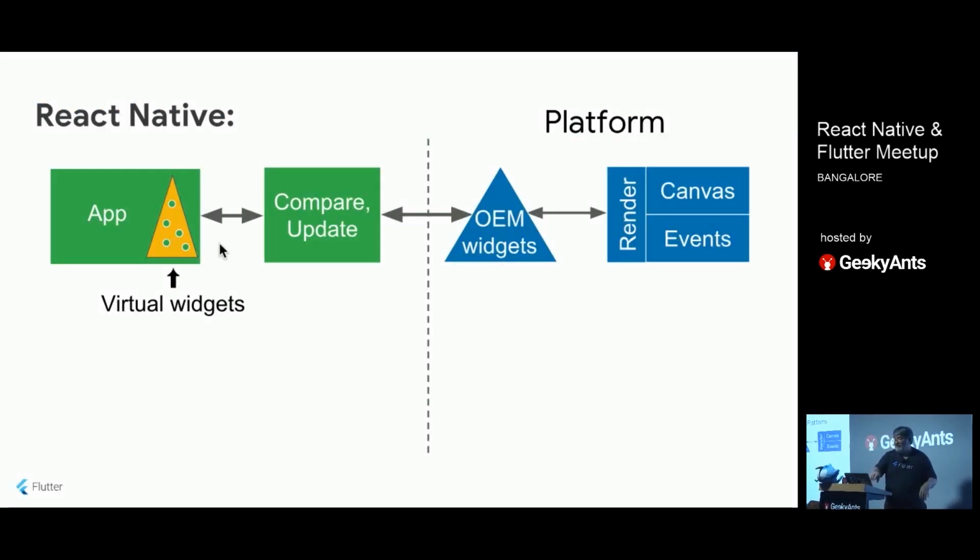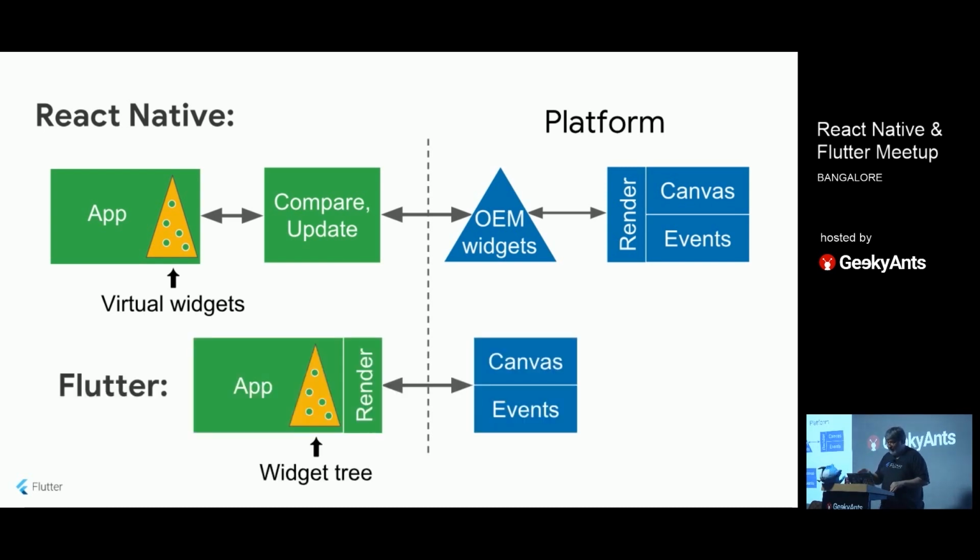So there's two stages for rendering. You go through this thing where it does a comparison, it updates the native widgets or the OEM widgets, and then those widgets are rendered on the platform, right? And Flutter, as I already gave away, skips that entirely.